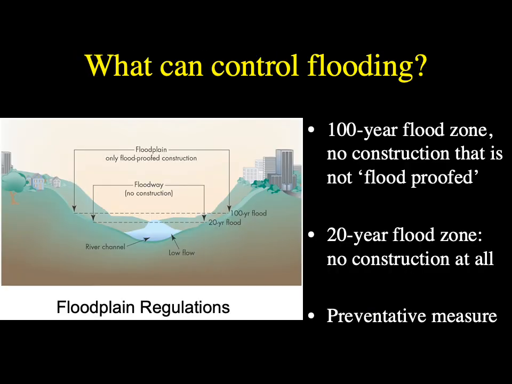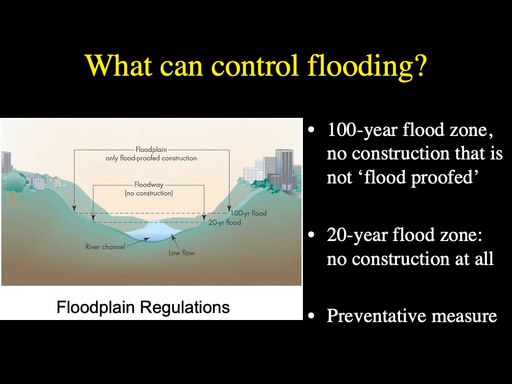The last thing I want to introduce is what can we do to control flooding? Well, we can have government regulations that say maybe you shouldn't build on a floodplain that floods every couple of years or every 20 years. This is actually very important, and it is causing a lot of strife when we change the regulations when there are already things built in the floodplain.